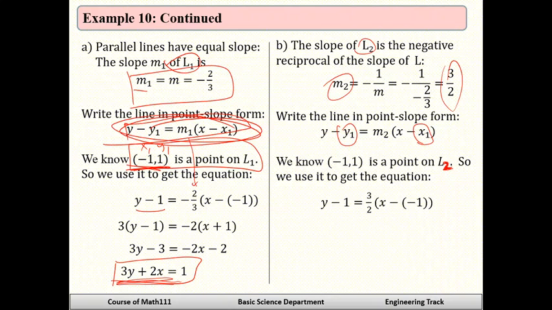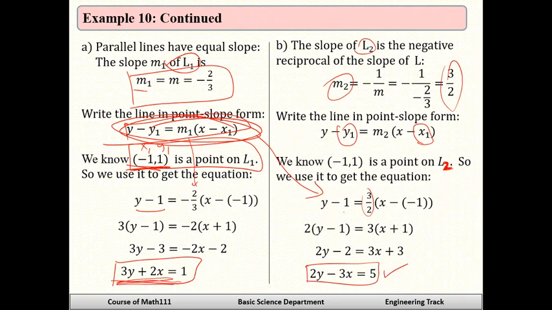So we write the equation for L2: y minus y1 is equal to M times x minus x1. This is the formula we use here, and it gives you that equation. So this is the equation of L2, and this was the equation of L1.